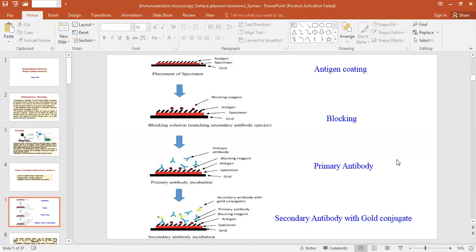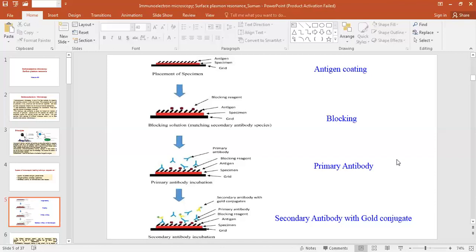So here, just like the immunofluorescence process, we use BSA as a blocking agent. After that, we have to add the primary antibody, and this primary antibody should have specificity towards the antigen.